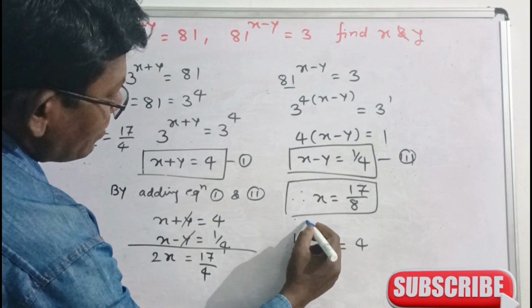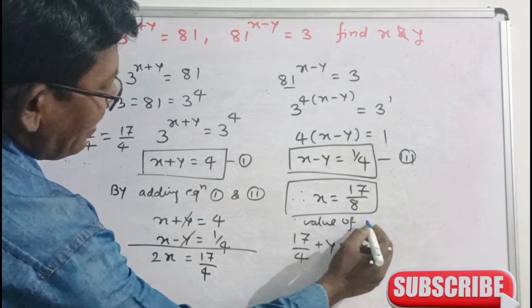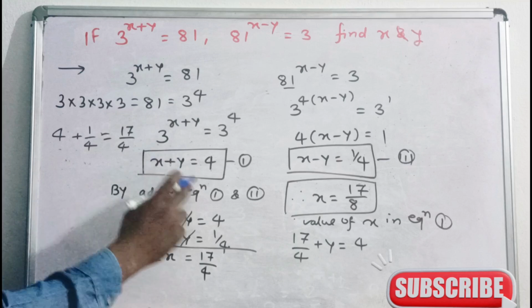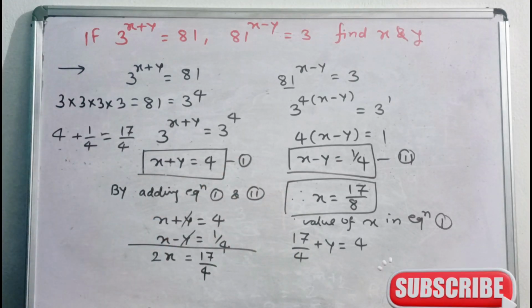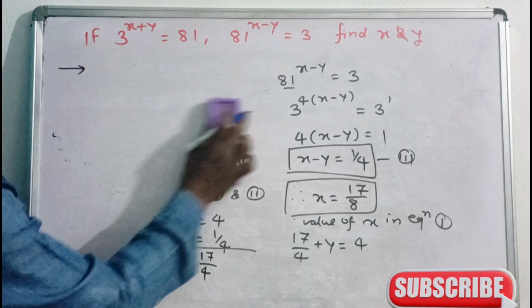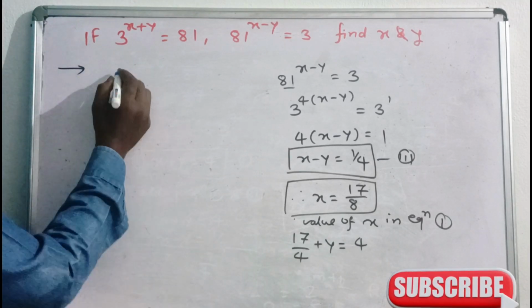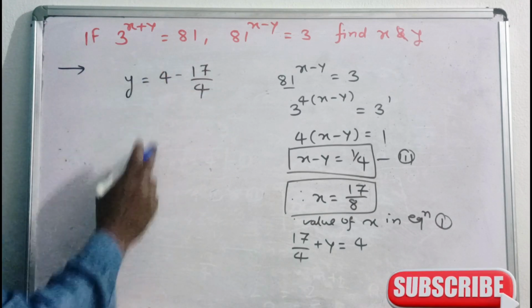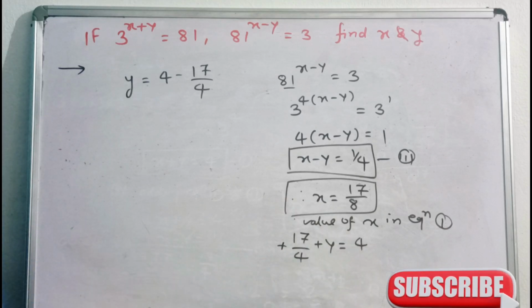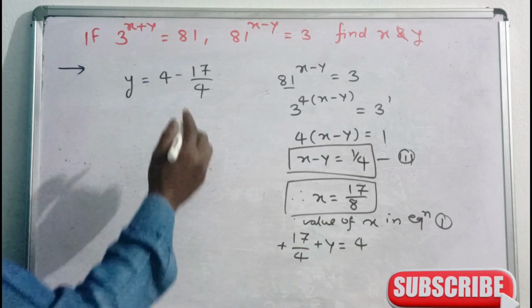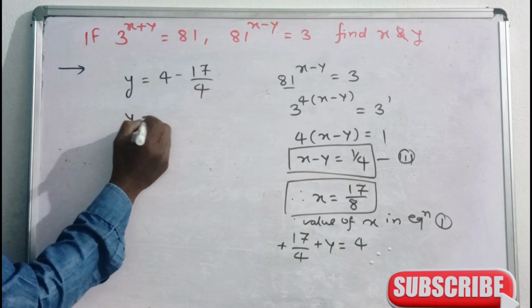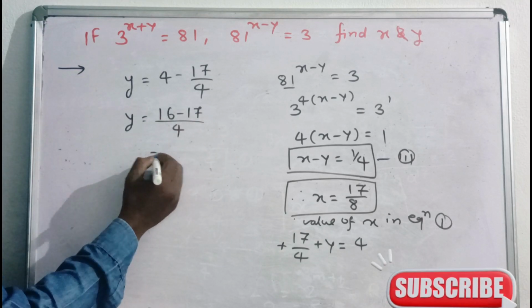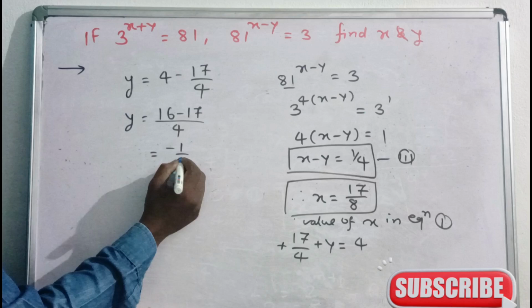Substitute or put value of x in equation 1. वन इक्वेशन में अगर हम पुट करेंगे, 2 में किया तो भी चलेगा, 1 में किया तो भी चलेगा, कोई दिक्कत नहीं है। देन y is equal to 4 minus 17 by 4। why it is minus? ये इधर प्लस है तो लेफ्ट हैंड से राइट हैंड साइड जाते टाइम साइन चेंज होगा। नाउ y is equal to 16 minus 17 divided by 4 is equal to minus 1 by 4.